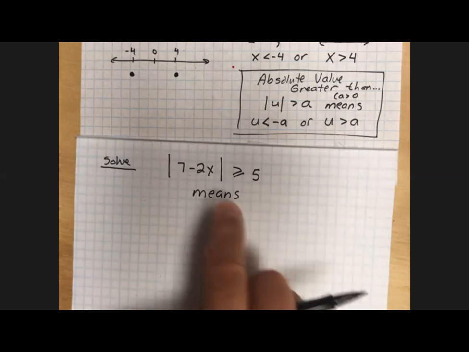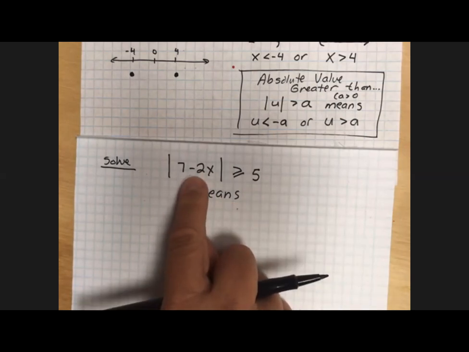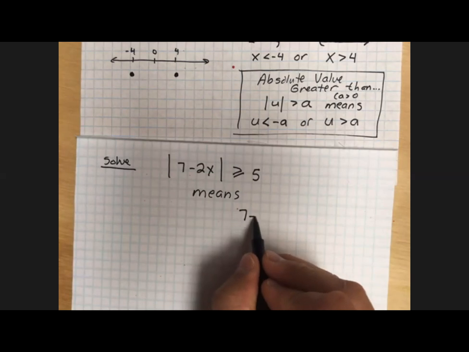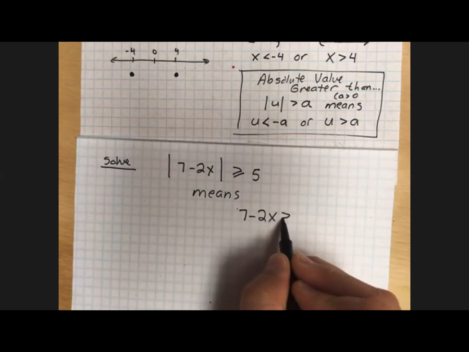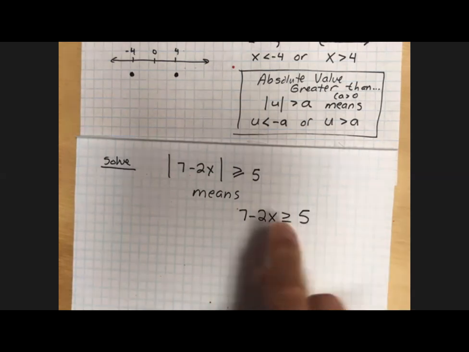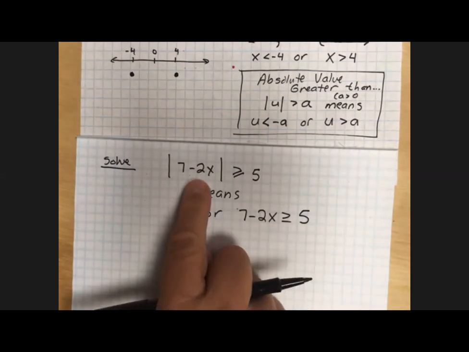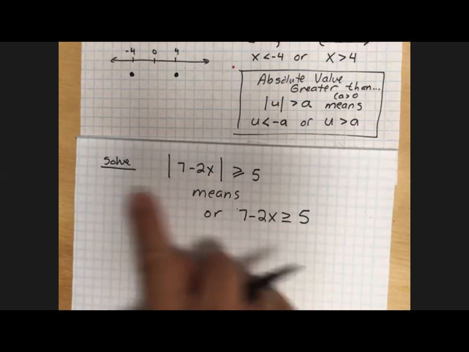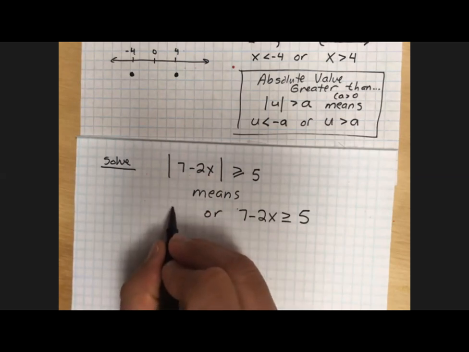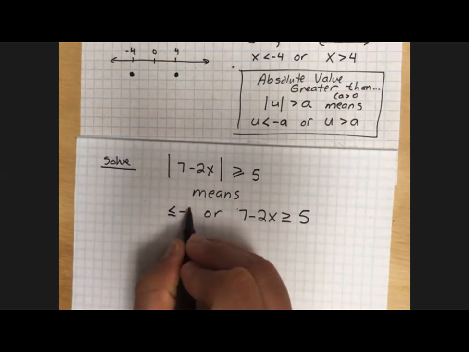Let's think about this. Either this stuff in here is already bigger than 5 or equal to it. 5, 6, 7, 8, 9, 10, and so on. So either that stuff is already bigger than or equal to 5. Or what's the other way to win? This stuff could be way down on the other side. Less than or equal to -5.